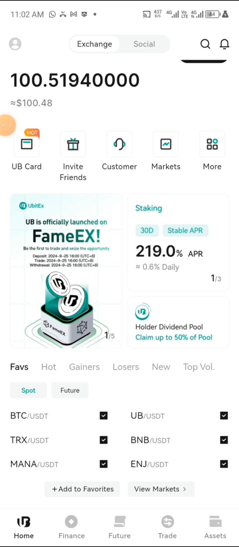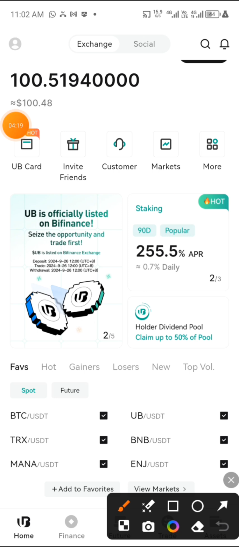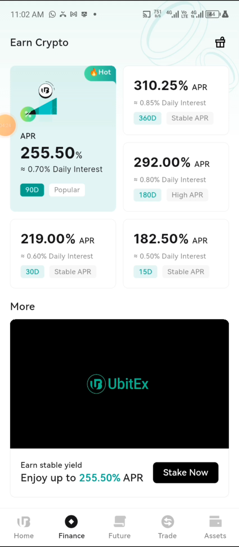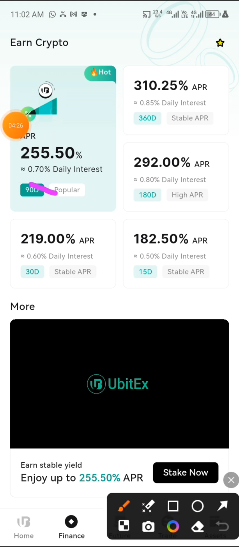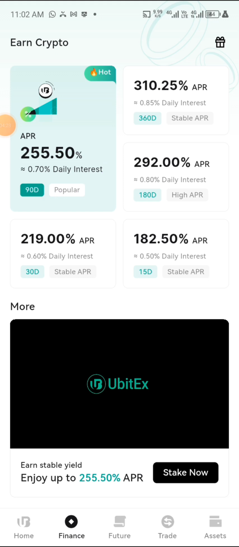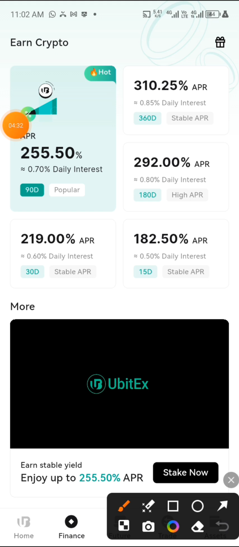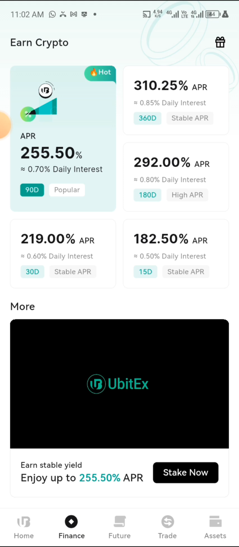Let's say that person, or the average of your team members, goes for the 90 days period, which is this one that will be giving them 0.70% daily. That is it for the average. Some people will go for this, while some will go for this. The higher they go, the higher you will make.